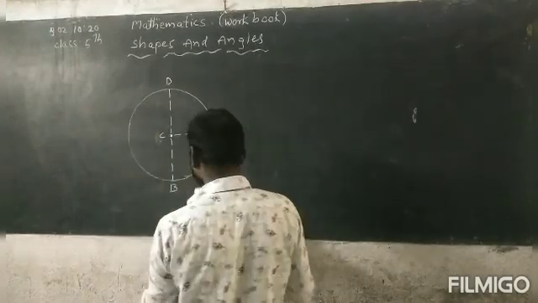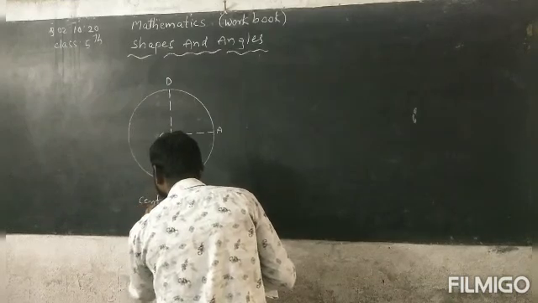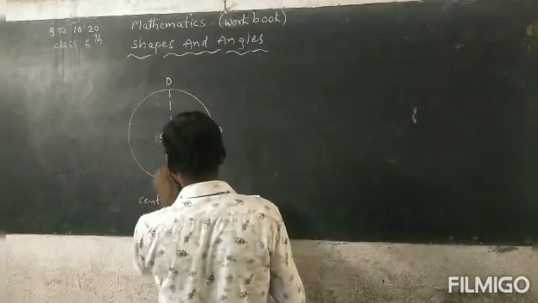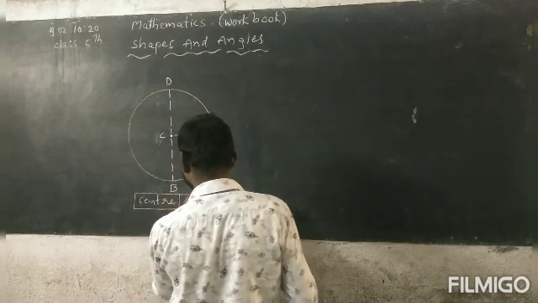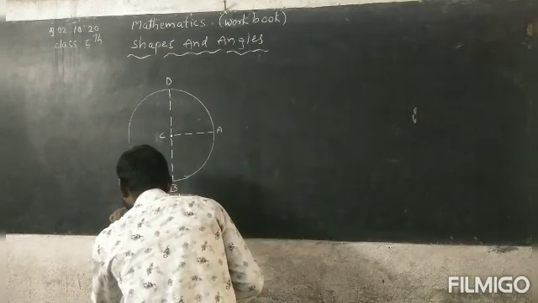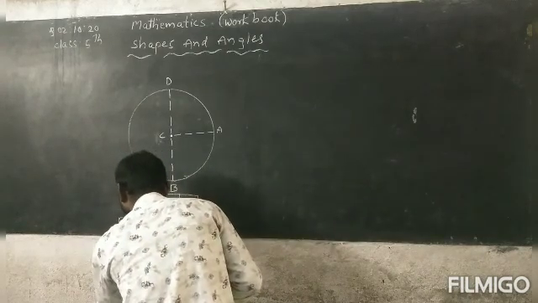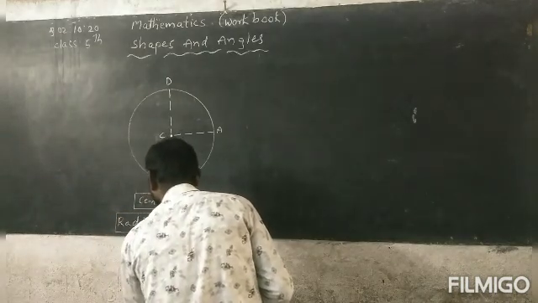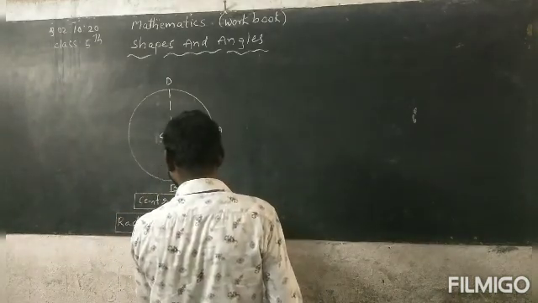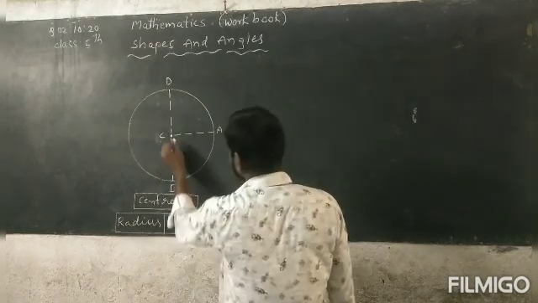This is the center of the circle, C, D. First one, center. Center means what? C. Next, radius.